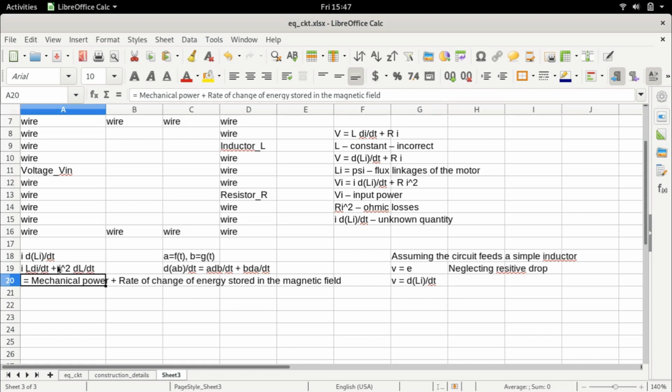You see this equation here, we have a sum of two terms, and this sum is equal to the sum of two other terms. So I don't know what the mechanical power is in this summation, and I don't know what the rate of change of energy is. Now you might be tempted to say that the mechanical power could be I_L di by dt, or I squared dL by dt, and the other is the other, so it's like crisscross.